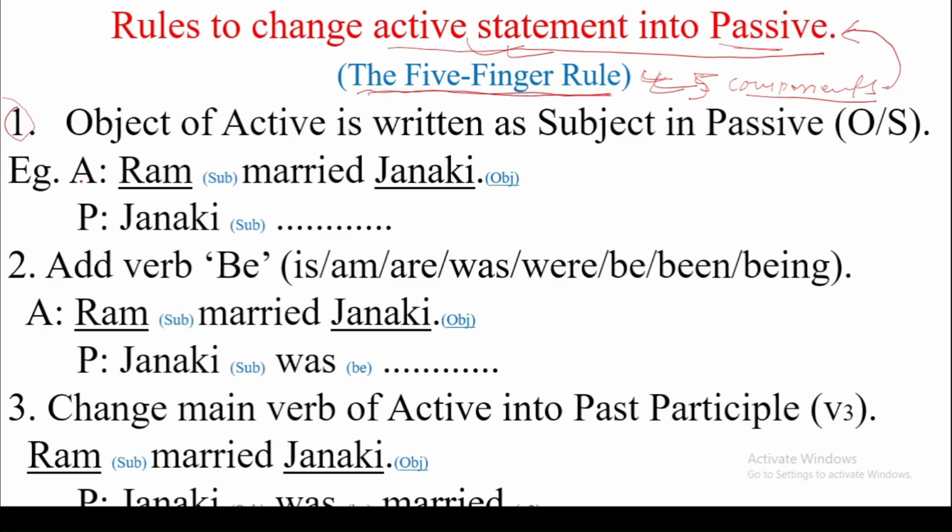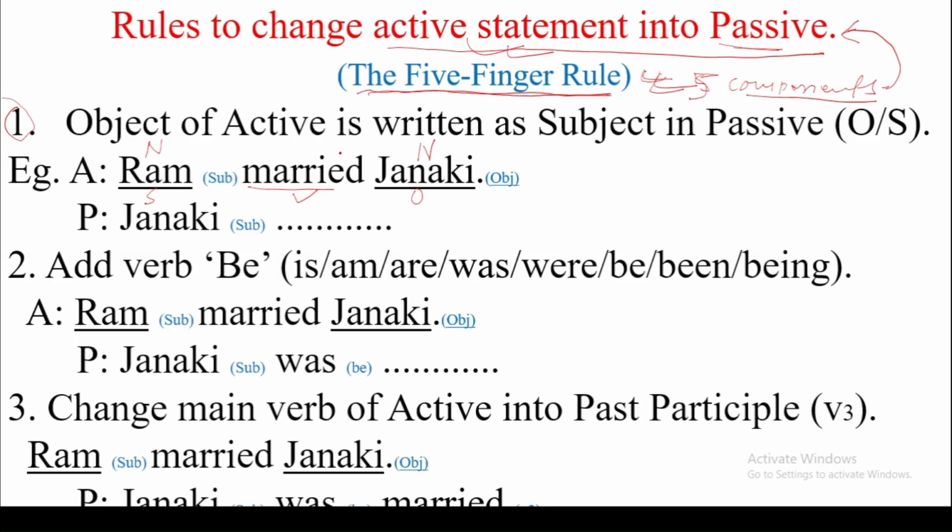Look at this sentence. This sentence is Ram married Janaki. In the sentence, married is the verb and Ram is a noun. Ram is used before the verb, so it is the subject, and Janaki is also a noun and it is used after the verb, so it is the object.